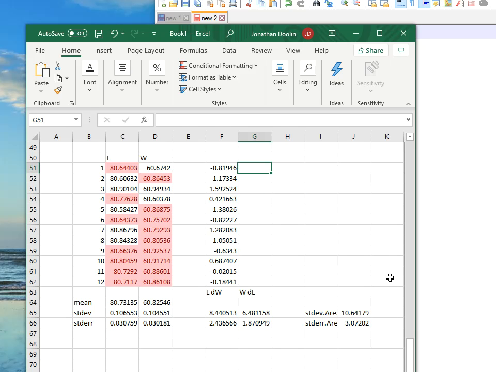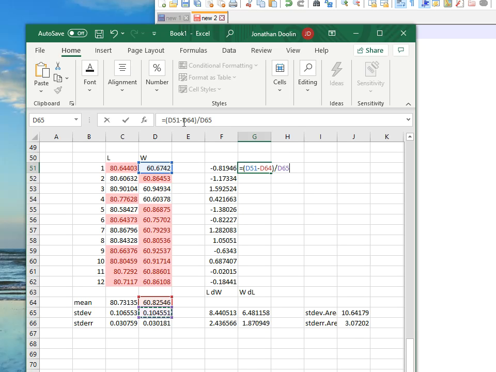And if we want to figure out exactly how far that data point is from the mean in terms of standard deviations, this will be equals that minus the mean, parentheses, divided by the standard deviation.